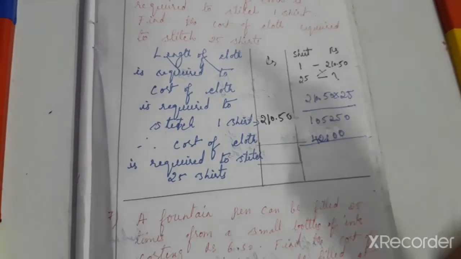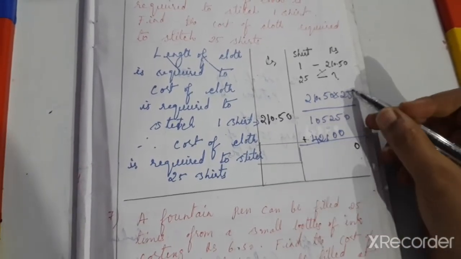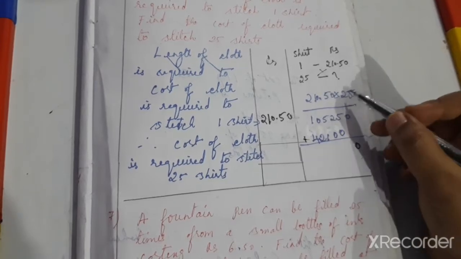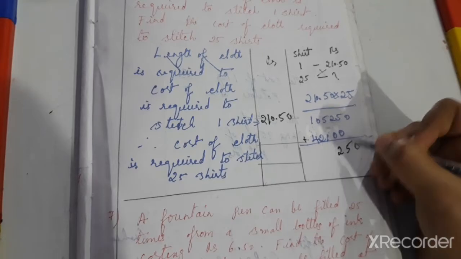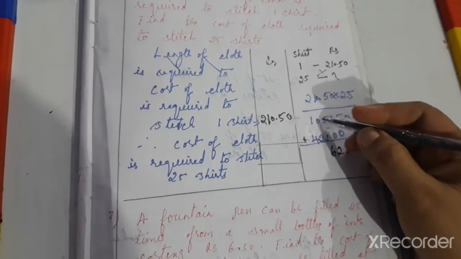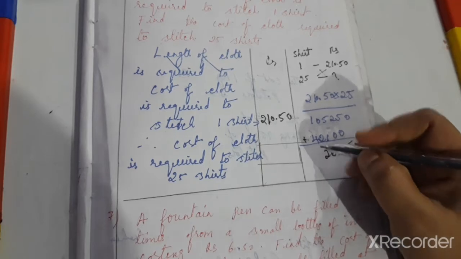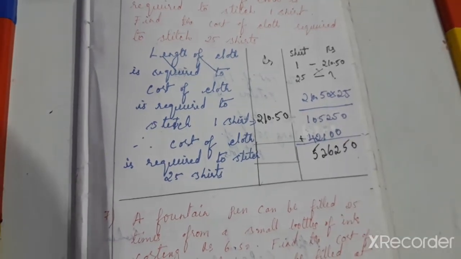Multiply, so here 0, 5, and here addition after multiplying 5 into each number and 2 into each number. 5, 2 plus 0 is 2, 5 plus 1 is 6, 0 plus 2 is 2, 1 plus 4 is 5. 526250.